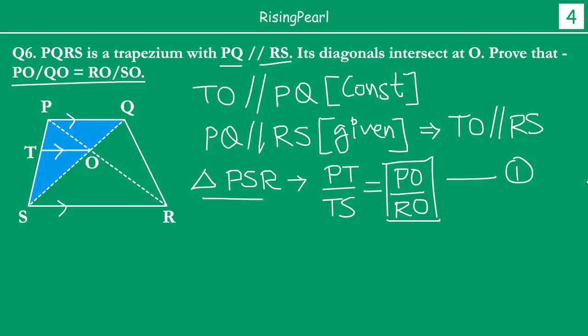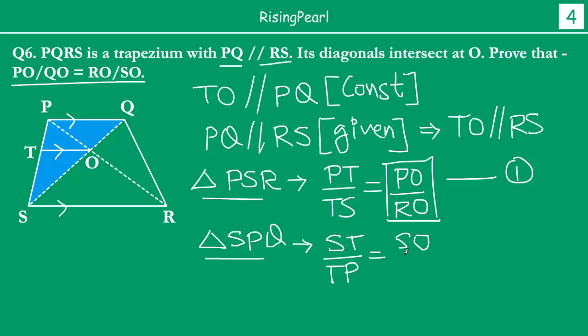Now we are going to focus our attention on triangle SPQ. So in SPQ, what we have is TO parallel to PQ by construction. So in triangle SPQ, ST by TP is equal to SO by OQ.